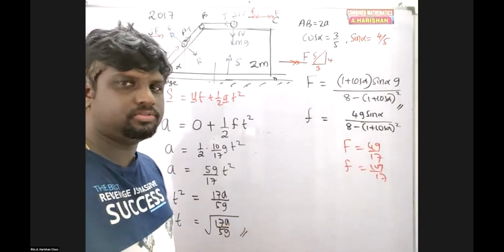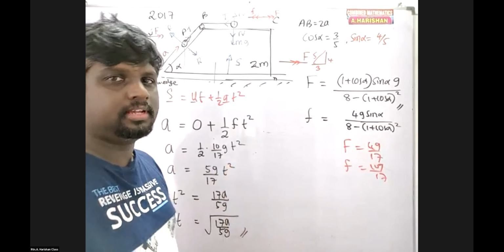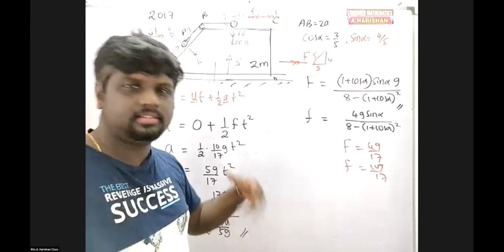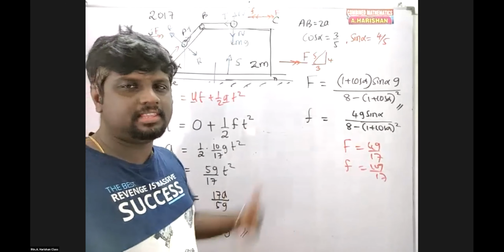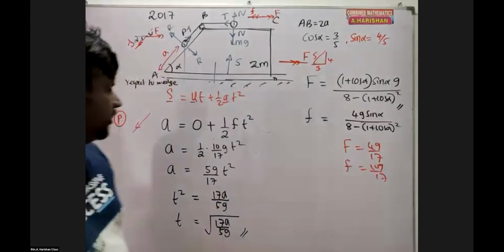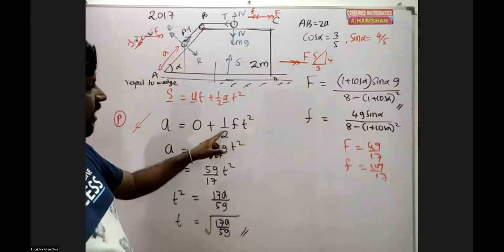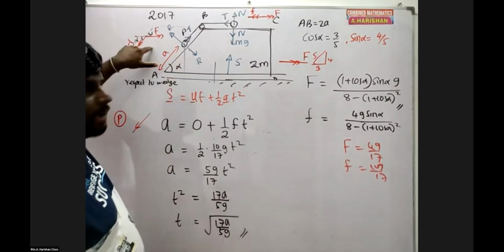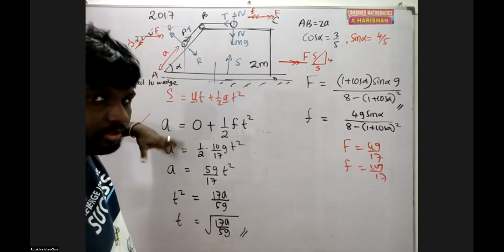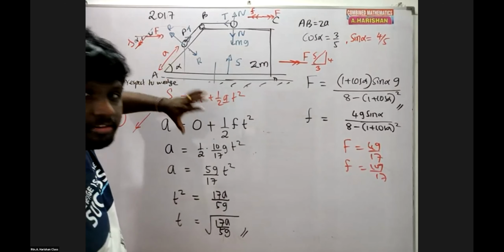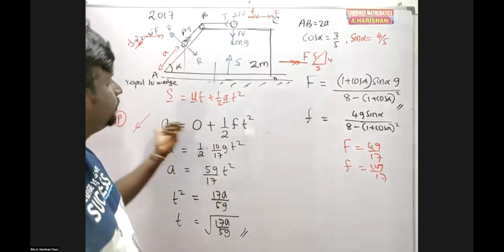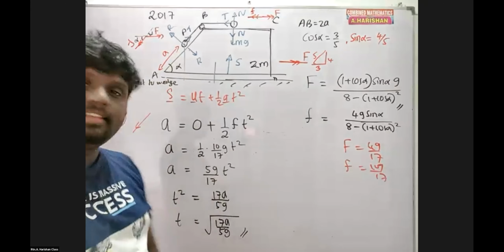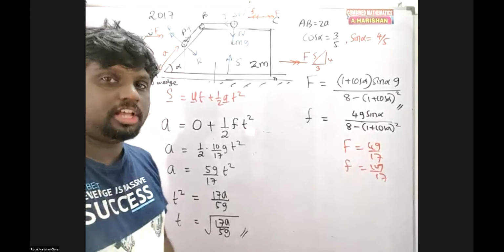We can use the rules we have learned in basic A level, or you can subtract, or any other method you can come up with. Here, this is half at squared, I'm applying this relative to the particle, so only simple f will act. If I apply it relative to Earth, that will be a different story. So this is the answer. Finally, it's the end of the 2017 past paper.